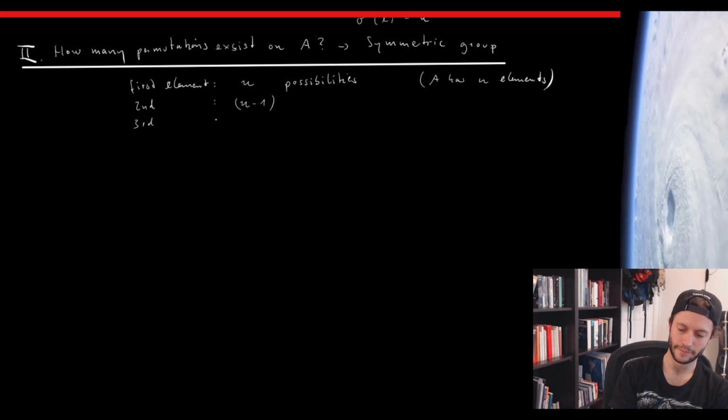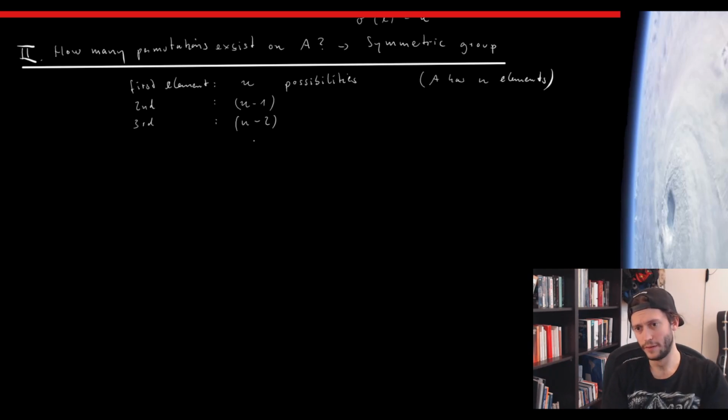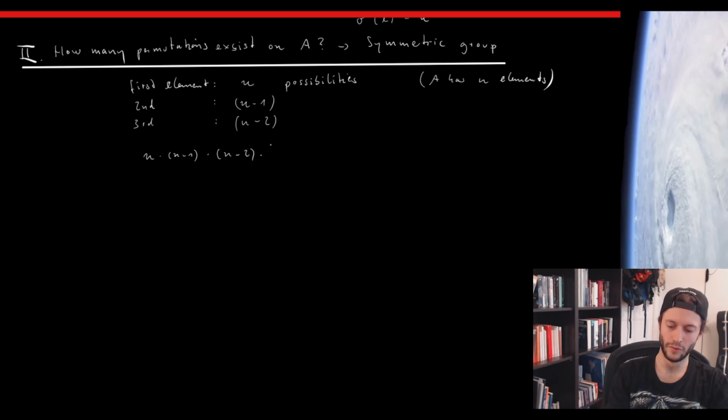The third, n-2, and so on. And now if we combine all these possibilities, we essentially have to multiply them. So what we're getting is n times n-1 times n-2, and so on, times 3 times 2 times 1. You could leave out the 1 in the end, but for completeness.